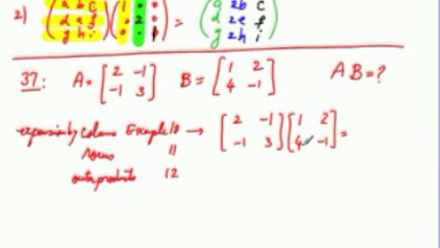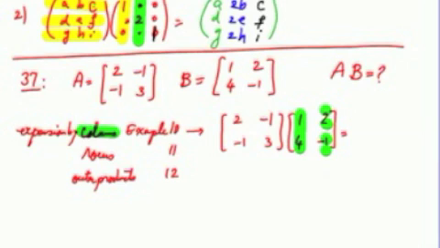So this is here what the book wants you to do. Expansion by columns means you take this entire matrix, multiply by this column, and then once you are done with that, you go through the next column and so on.